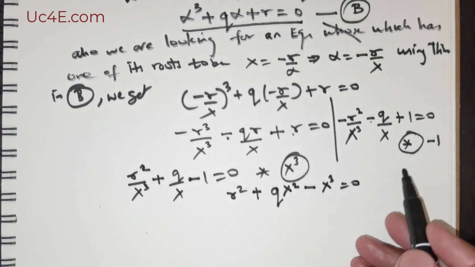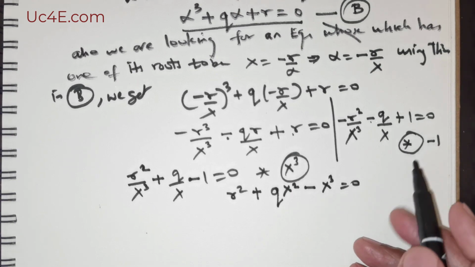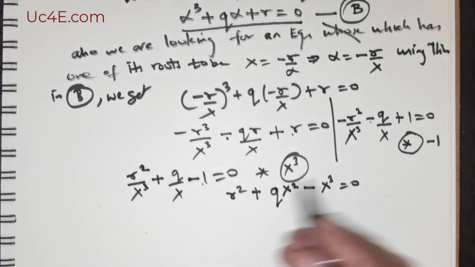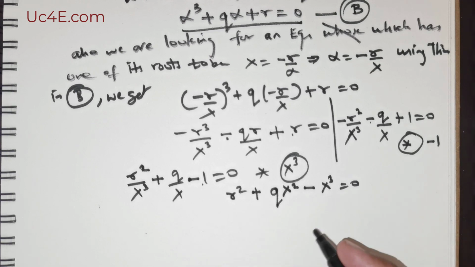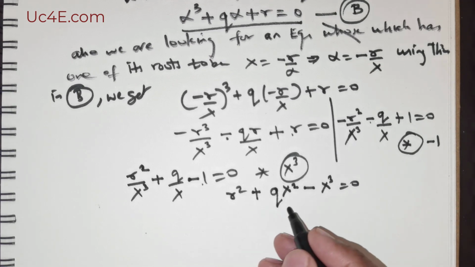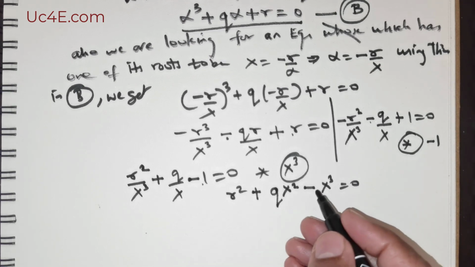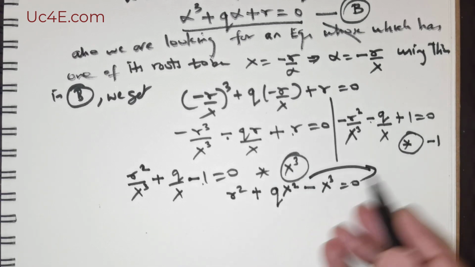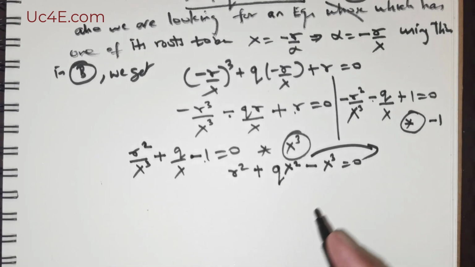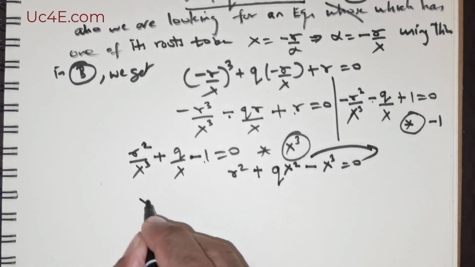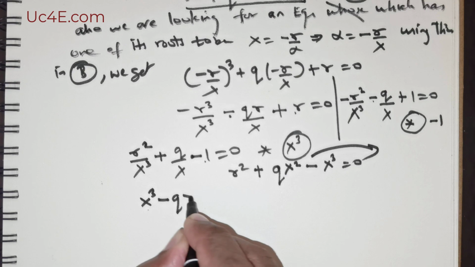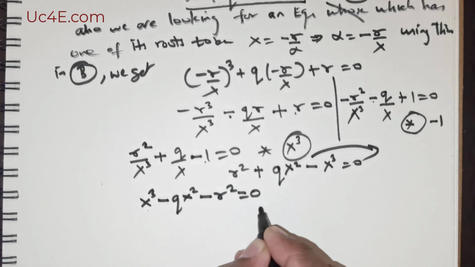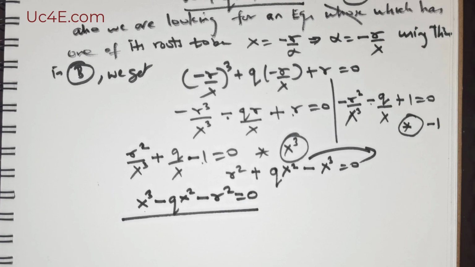So I think we should not have multiplied by negative 1 because of the turn of events. The equation has become like this, and then we will have to revert back the equation, right? Or what we can do is, instead of again multiplying by negative 1, I'm moving everything to the right. So this is going to be x cubed - q times x squared - r squared = 0. This is what we have got.